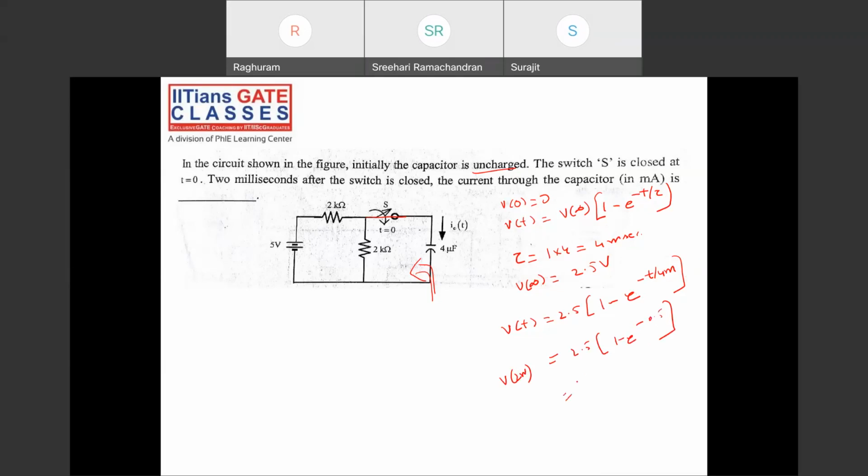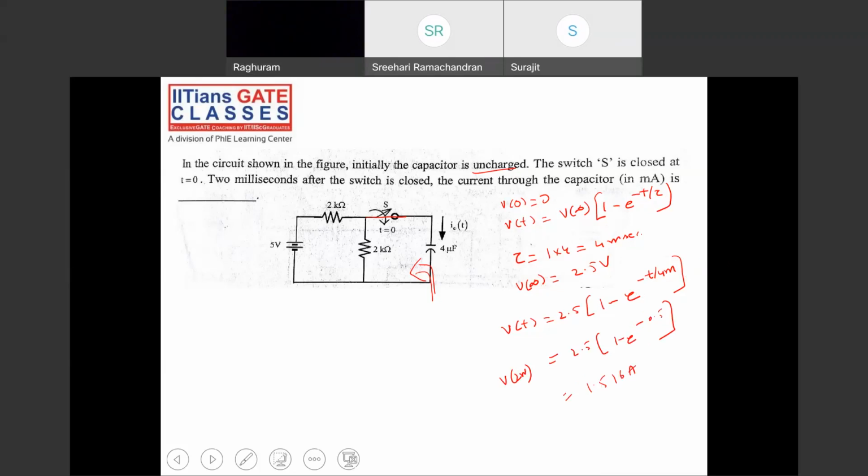So how much did you get? 1.516. Okay, so all these are kilo ohms, right? So this will be milli, and this is also milliamp.